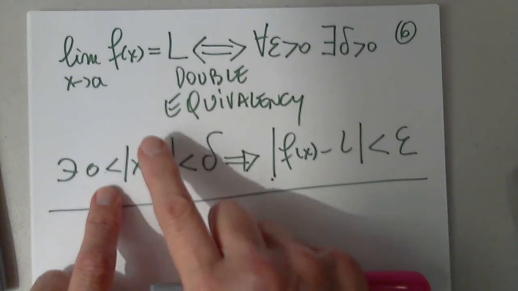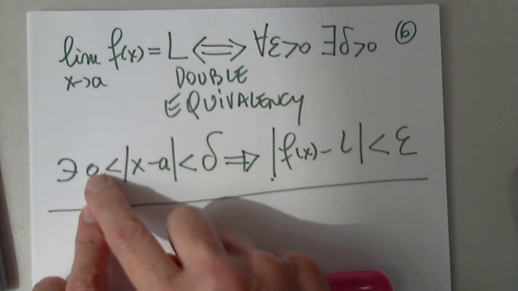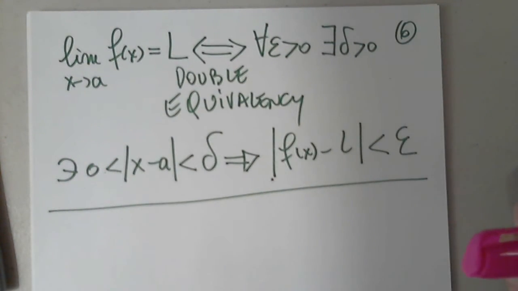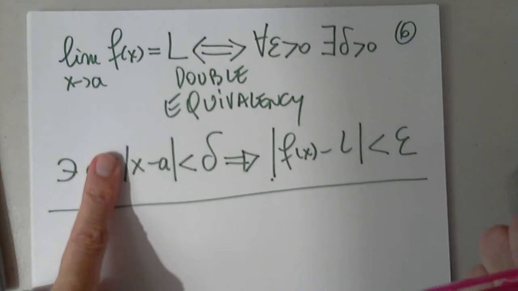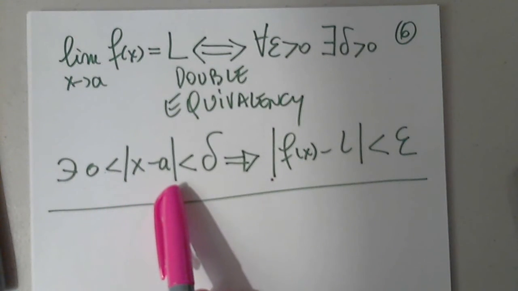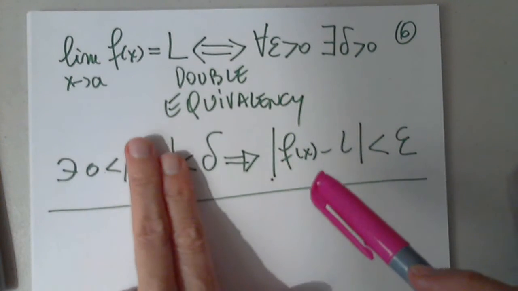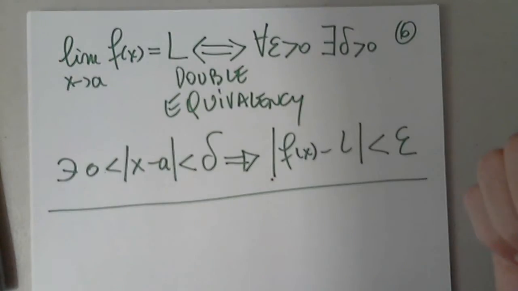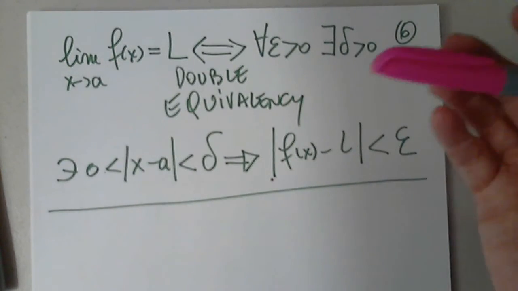Why do I need to put that the absolute value is greater than 0? The absolute value is always greater than or equal to 0. Isn't this redundant? Why did I write 0 less than the absolute value of x minus a?